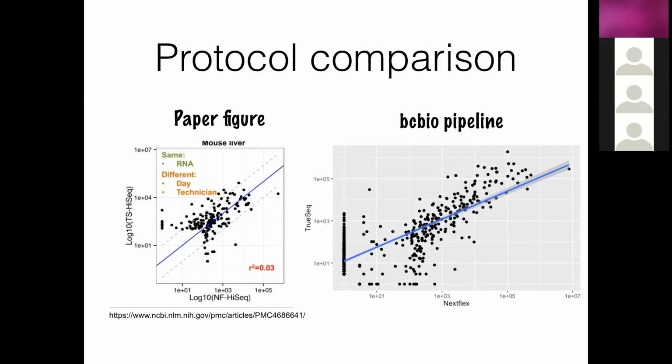But anyway, I downloaded these two samples and I just ran bcbio to look at the correlation, and it's the same. So NextFlex is the Bioscientific protocol, sorry, and then TruSeq. The tendency is kind of the same, and you have all these lower points that are supposed to have different expression in Bioscientific compared to TruSeq, which I guess are the ones supposed to have a better estimation of the real expression.